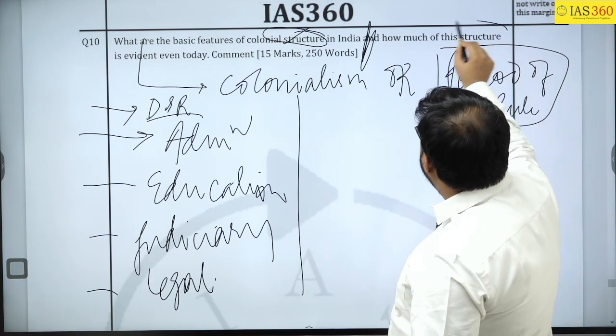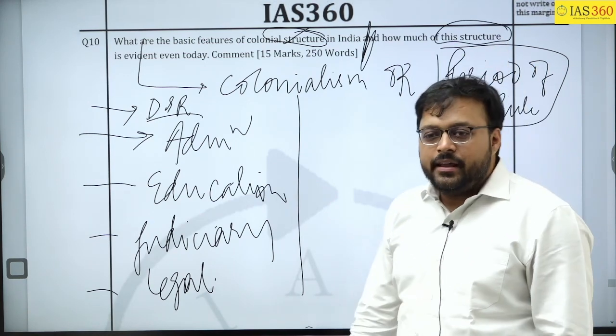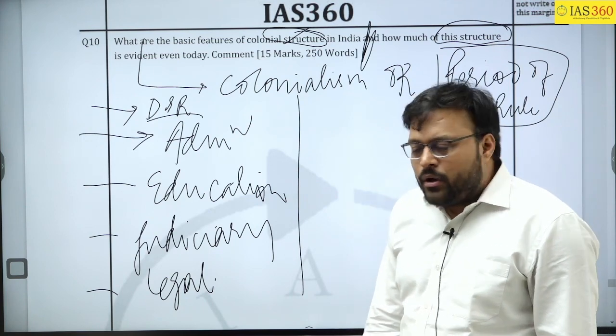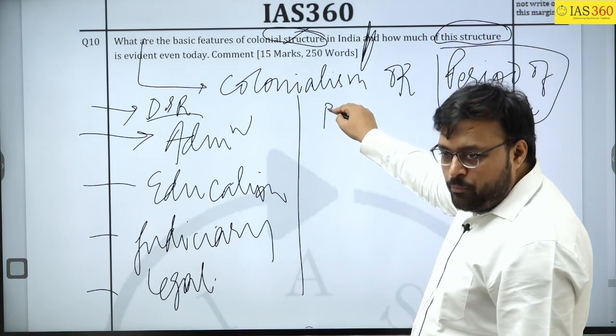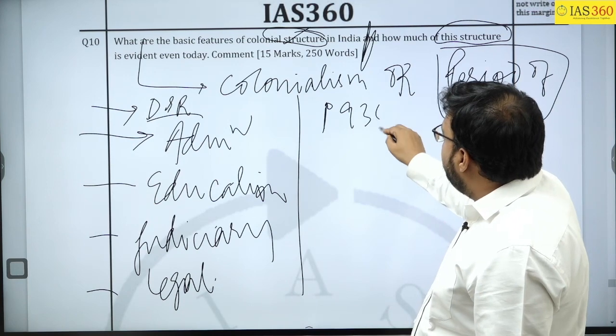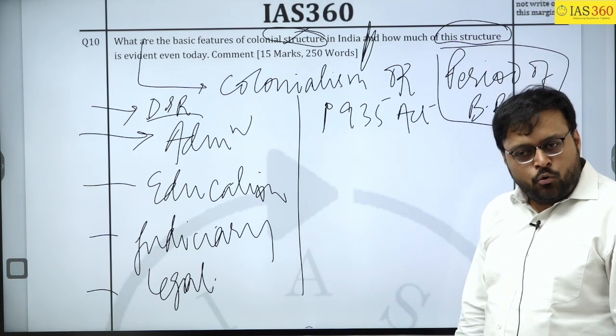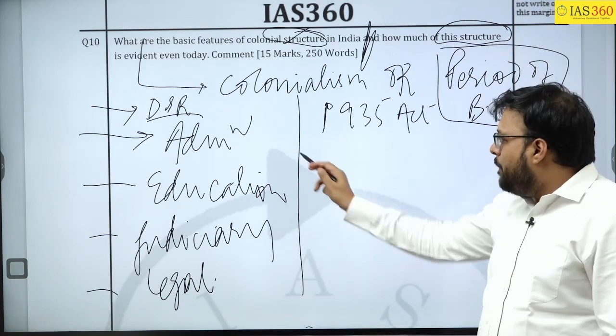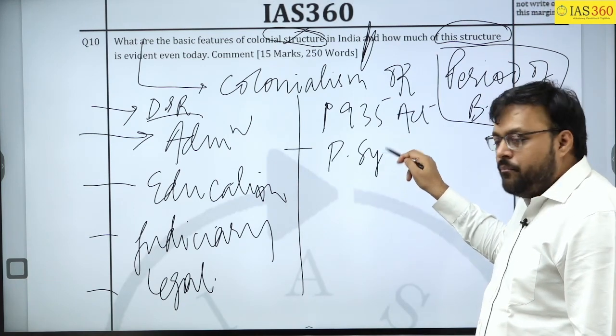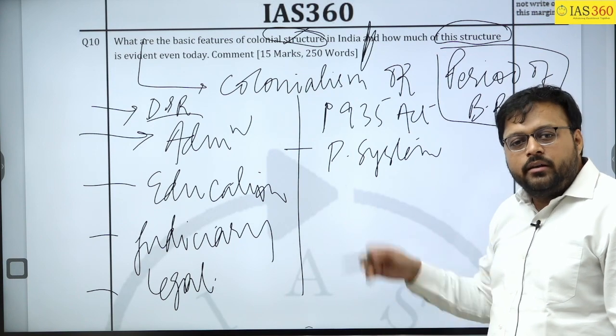Now, how much of this structure is evident even today? So again you can say that most of the provisions have been taken from the 1935 Act, Government of India Act 1935. So obviously it will be evident. The parliamentary system is again evident because it is from the British.